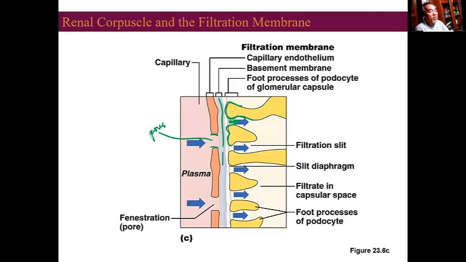Proteins cannot pass through the slits. These are called filtration slits because they minimize the diameter of the openings, so big molecules cannot pass through.